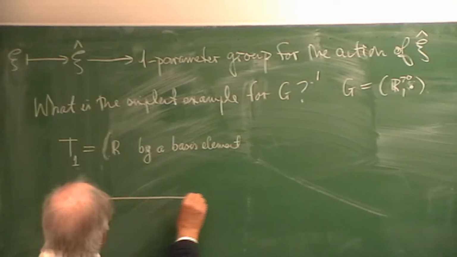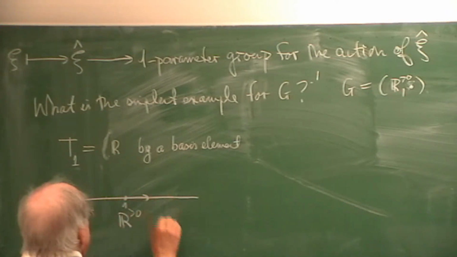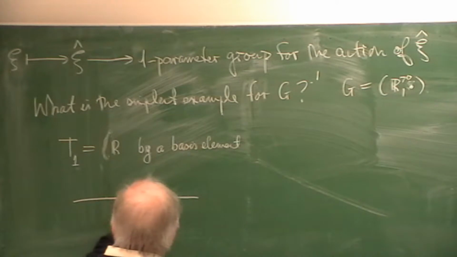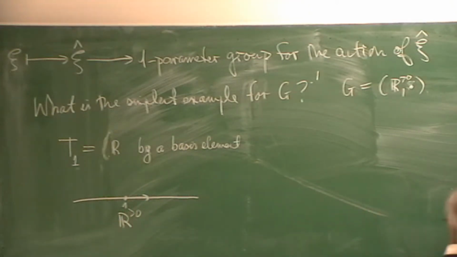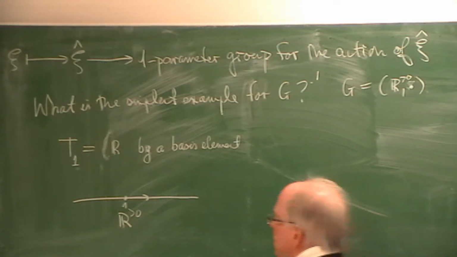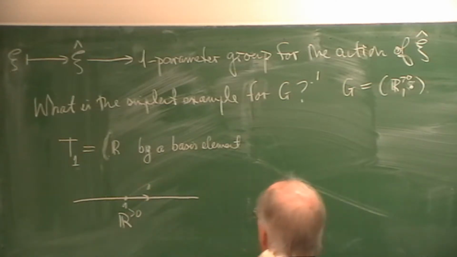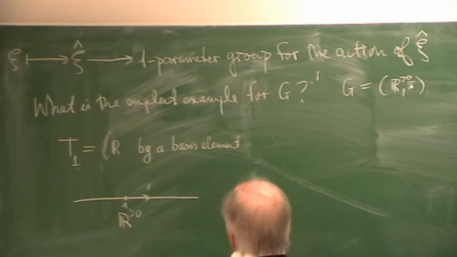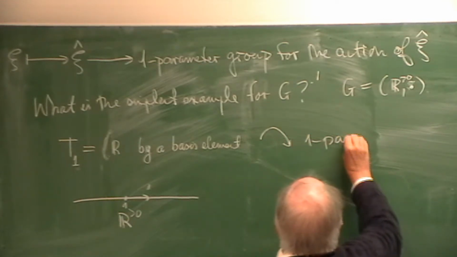So here are the positive real numbers. Here's the point 1, and here's the tangent vector 1 by a basis element of length 1. So let's call this basis element of length 1.